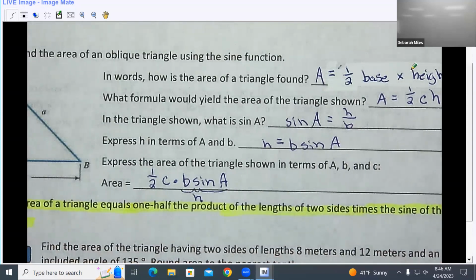So if you give me A and C, then you have to give me angle B. Or if you give me A and B, then you have to give me angle C. But if I have that, I can find the area of the triangle.